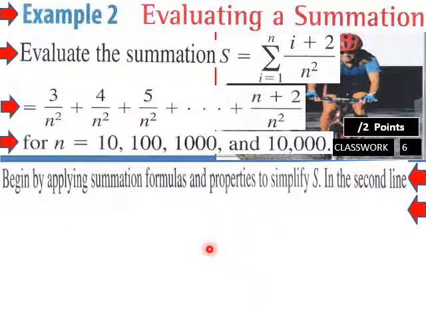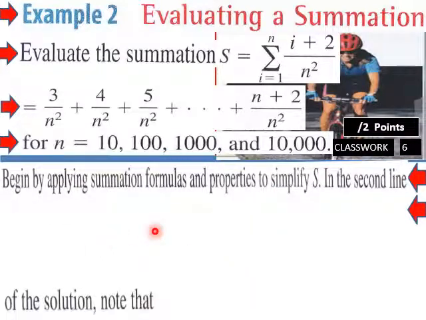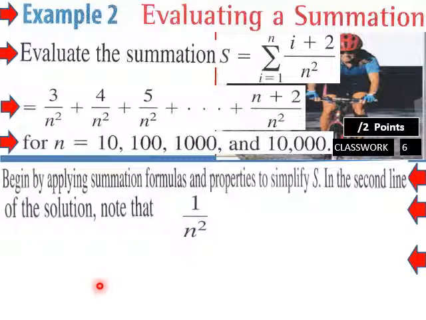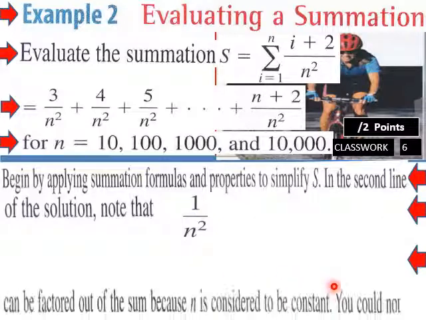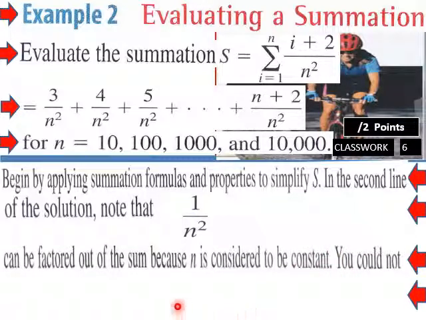In the second line of the solution, note that 1 over n squared can be factored out of the sum, 1 over n squared up here, because n is considered to be a constant. You could not factor i out of the summation because i is the variable, or rather the index of the summation.